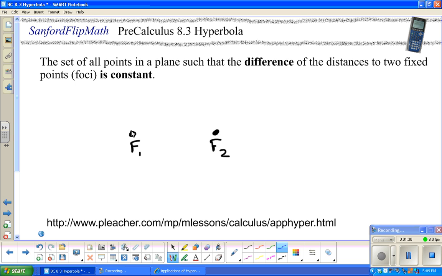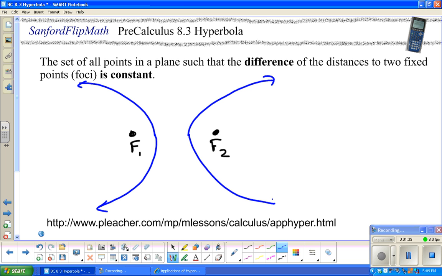So I'm going to sketch in what a hyperbola looks like, and it actually has two branches, two chunks to it. So something like that. The concept here is that if I measure from a point on the hyperbola this distance and this distance, whatever those two distances are, and subtract them, I will get some number.